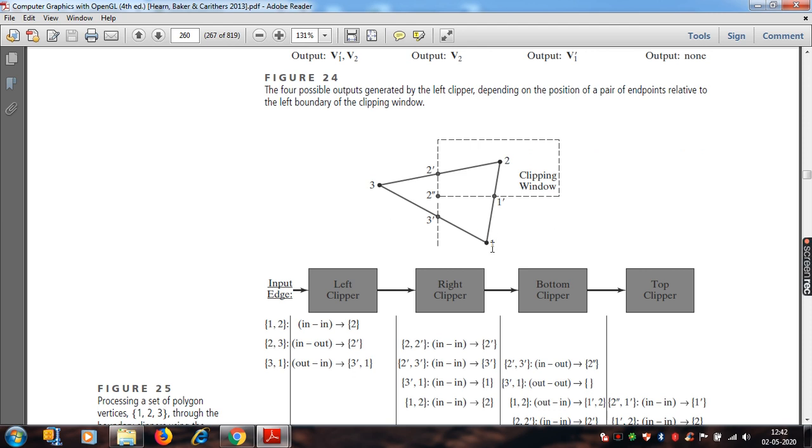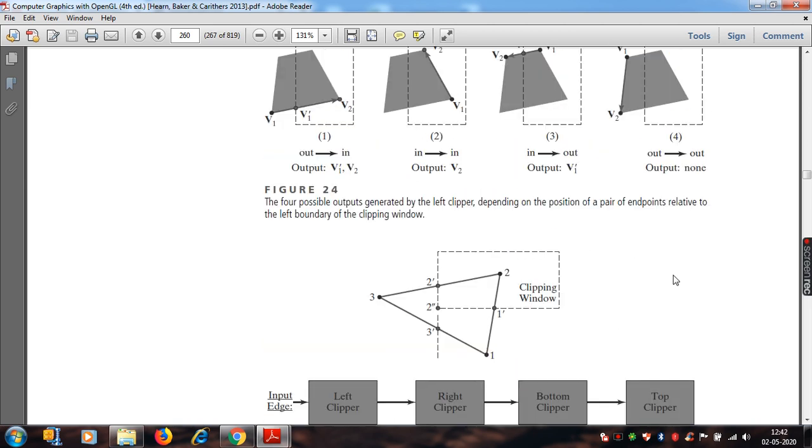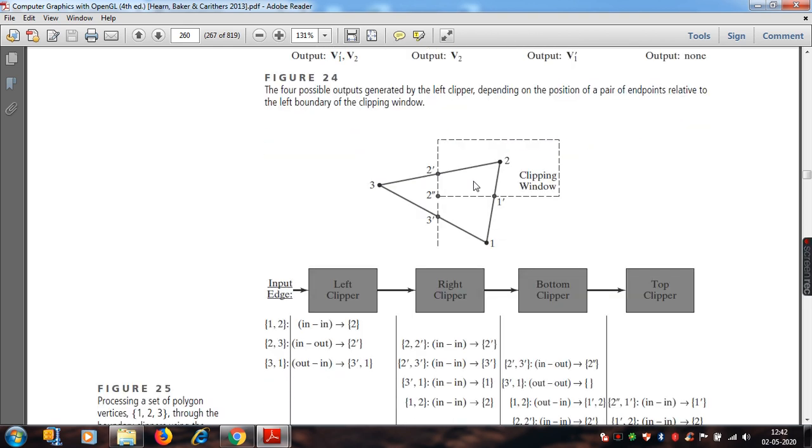If we take the first edge, 1 to 2, with respect to the left clipper, what is the status of this line segment? 1 to 2, both are inside the left side of the clip window. So what are we going to do? Inside, produce the vertex 2, the second endpoint, which goes to the next clipper, the next stage. So 1 to 2, and 2 will be sent to the next stage.